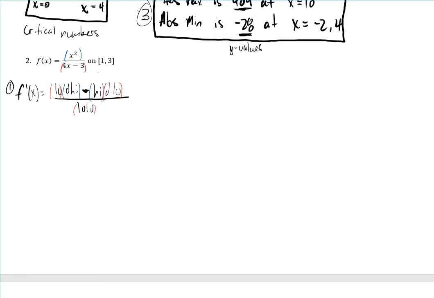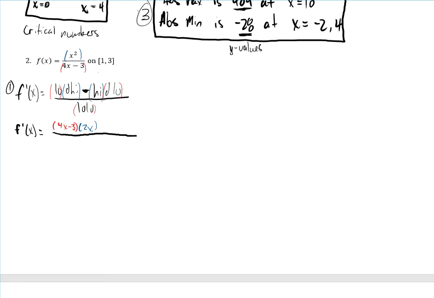So I've got f prime of x is, let's get my big fraction ready. My low portion is 4x minus 3, so I'm going to put that in. The derivative of the high is 2x.